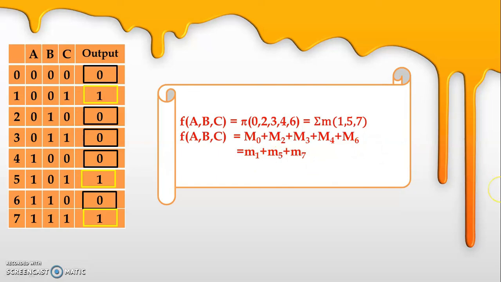So logically Maxterms and Minterms are both equivalent. A function can be represented either in terms of Maxterms or in terms of Minterms. If we know either the Minterms or the Maxterms, then the other can be identified easily. So this is all about Maxterms and Minterms.